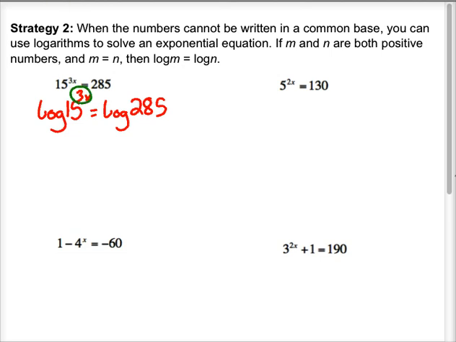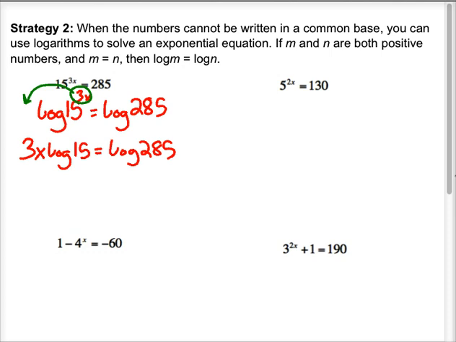Well, remember, once I take a logarithm, one of my properties is those come down. So I'm going to write this 3x log base 15 equals log base 285. Remember that in a logarithm, an exponent can come down as a multiplier.